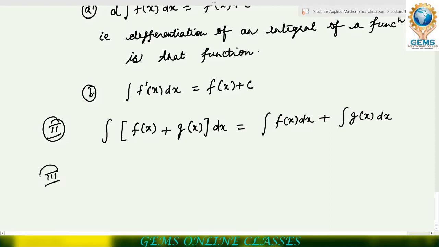Third one is integration of k fx dx equal to k times integration of fx dx, the constant will be outside and we have to integrate only fx. So these are some basic rules of integration.